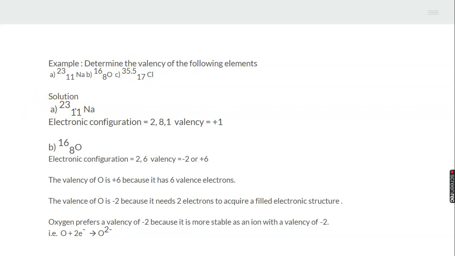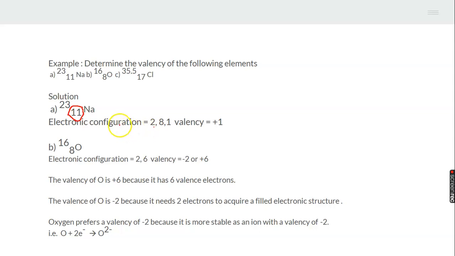Follow my solution here. So for sodium, electronic configuration, you know, this is the atomic number. So you can try to do this either in orbital distribution, or you do it in your normal 2, 8, having your K, L, M, N, O, P shells.